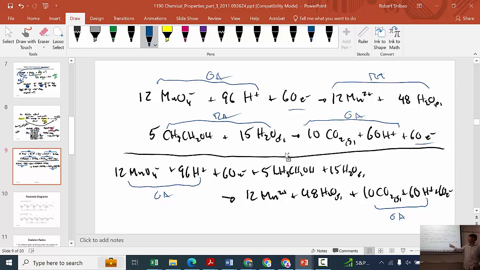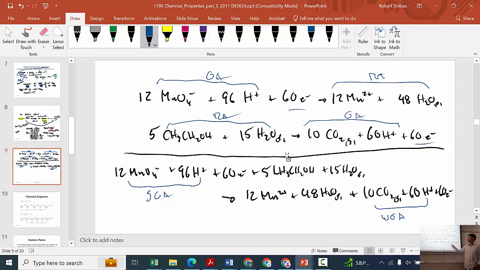But anyway, so is there a driving force? Do you need the chart for this? No. Permanganate is going to be way stronger oxidizer than carbon dioxide. Carbon dioxide is an extremely weak oxidizer, and it doesn't even appear on our redox chart. But it is an oxidizer, nonetheless.